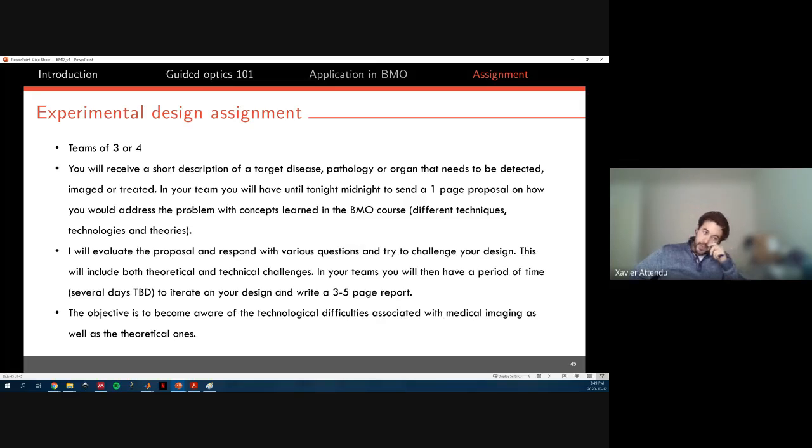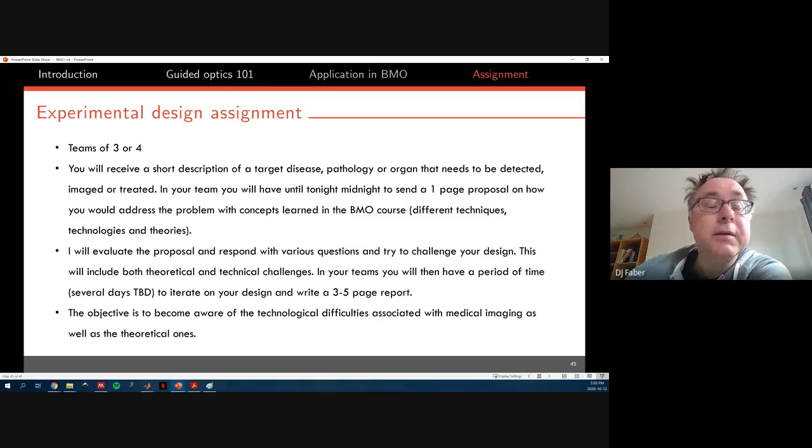Okay. So Dirk, how do we want to handle forming teams? Well, you can do that by yourself, as far as I'm concerned. My preference is that the teams mix with respect to the previous assignments.